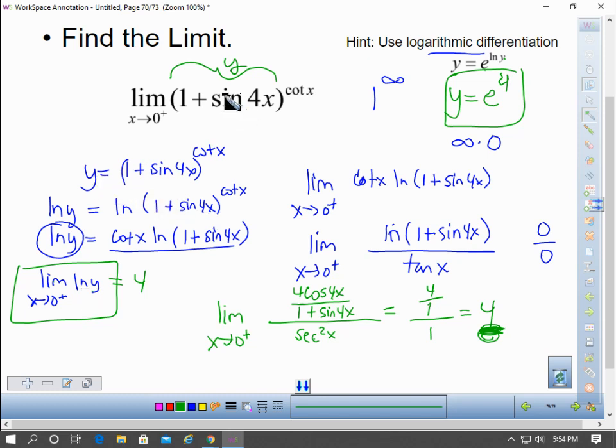I want the limit of this problem, which is actually y. So the way to fix it is you raise it to the e so that those cancel, right? So e raised to the ln of y, those cancel, and you get y equals y. So I'm just substituting my answer I get here, e to that expression, and that's my answer. So the actual answer to this problem is e to the 4. That's the actual answer to the problem.